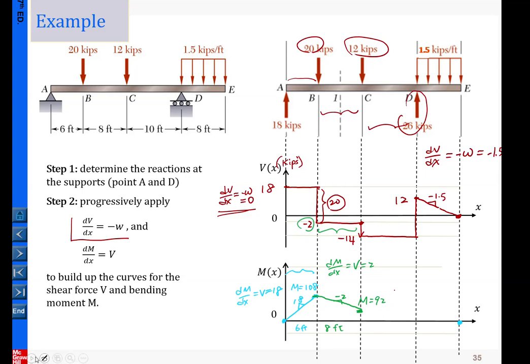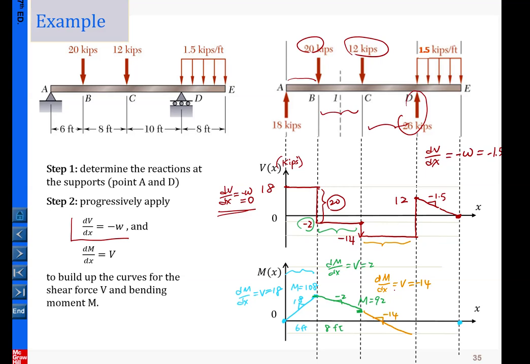Okay, and then we move on to the next segment. Again, dM/dx equal to V, and in this segment V is -14, constant, so the slope is -14 here. My drawing is not so perfect, but the slope is -14.